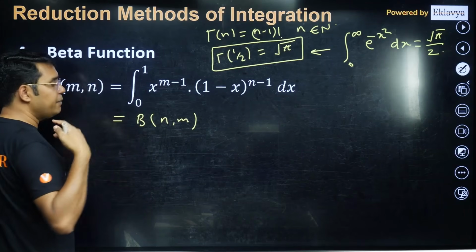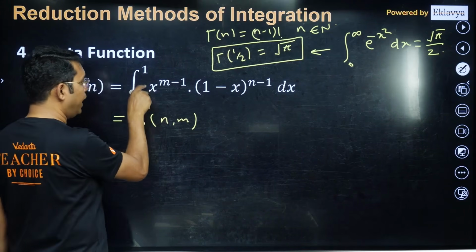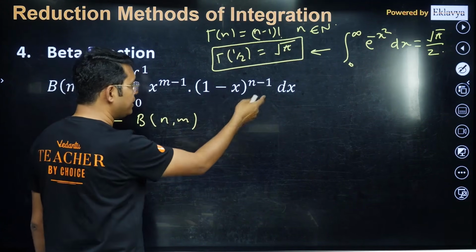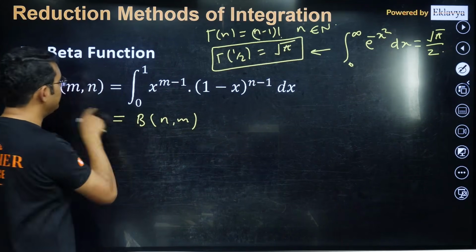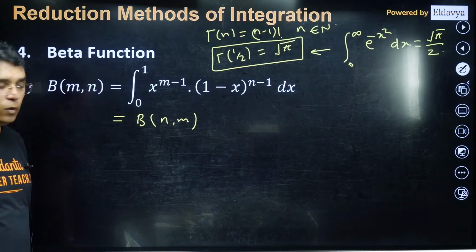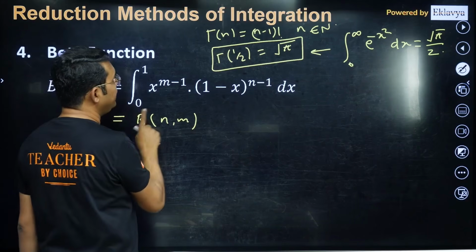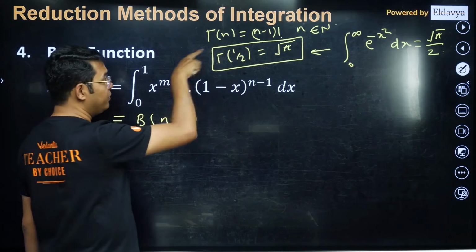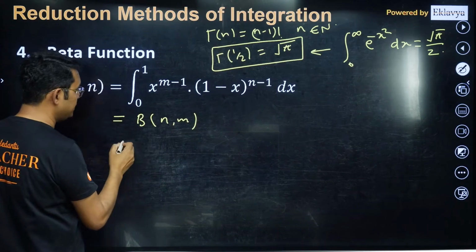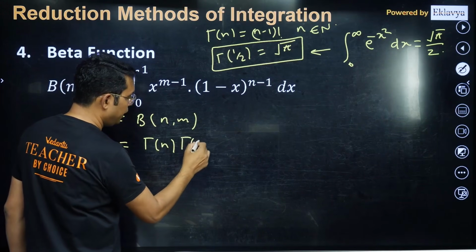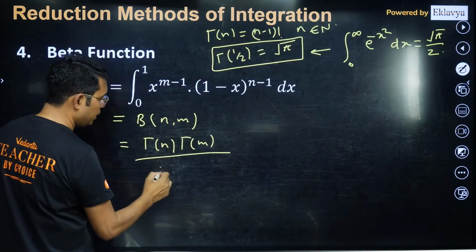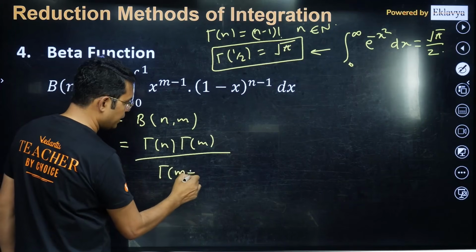Now it doesn't matter whether m is there on x or m is there on 1 minus x. One of them should be m, one of them should be n. Then we call this beta m comma n. Now there is a result relating beta m comma n with the gamma function, and this is actually equal to gamma n gamma m upon gamma m plus n.